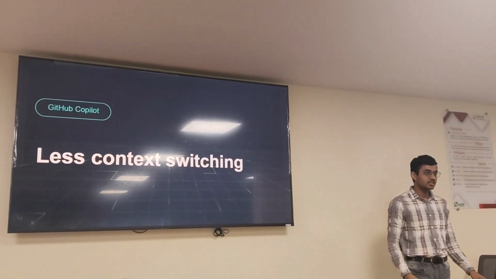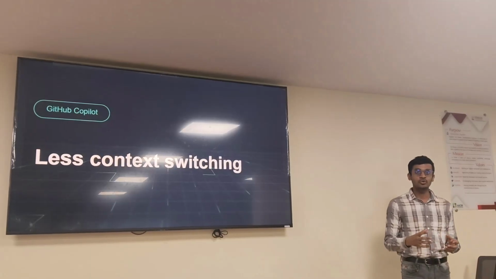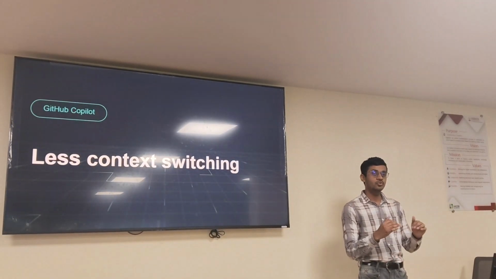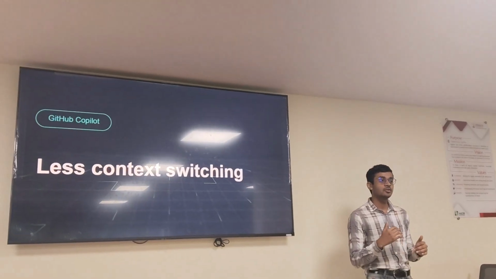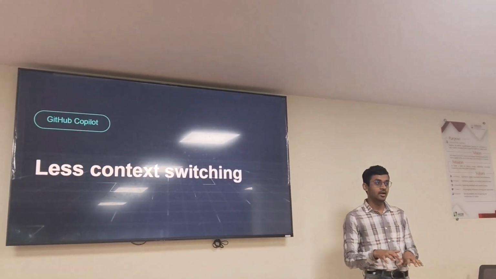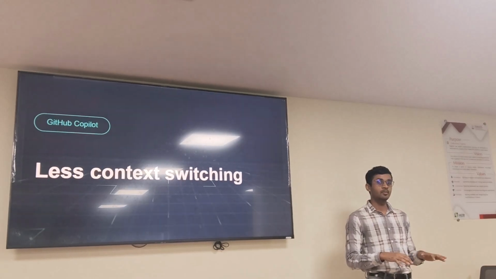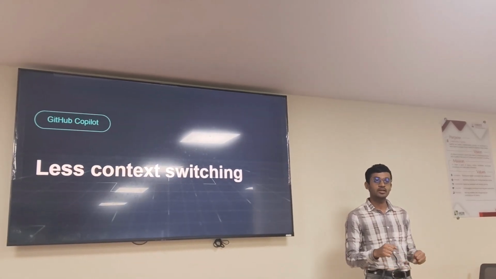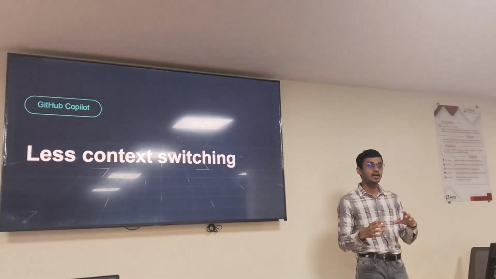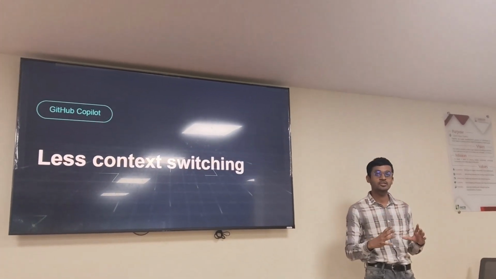Also, there is less context switching. So if you are developing, you write some code, but you face an error, and then you go to the internet or Google it or go to ChatGPT and ask it to help you correct this code. But here in GitHub Copilot, the error solving is happening on the fly in VS Code itself.